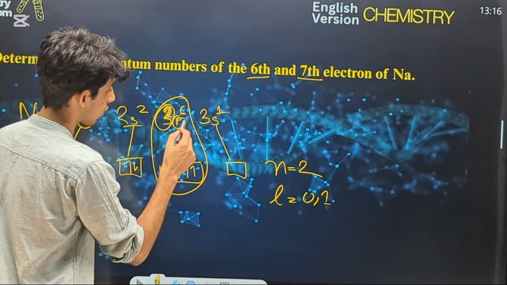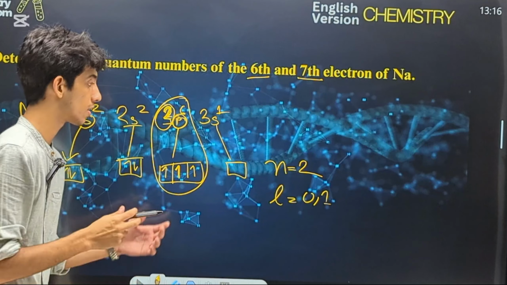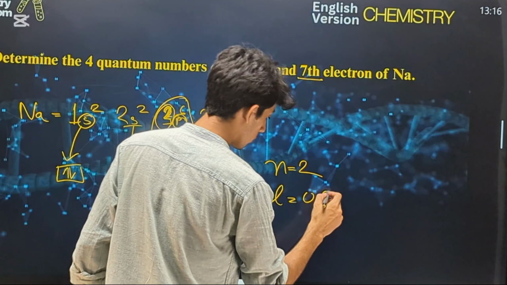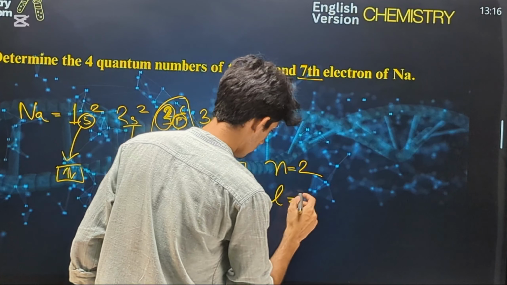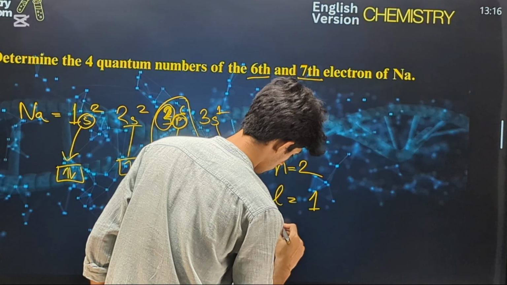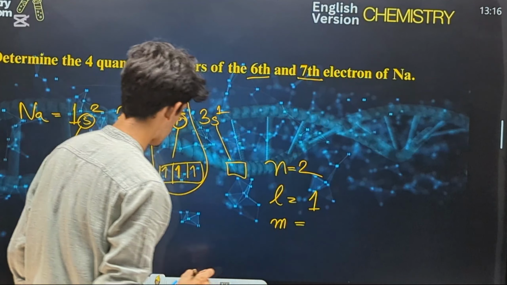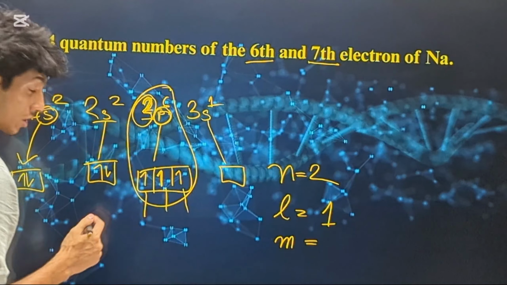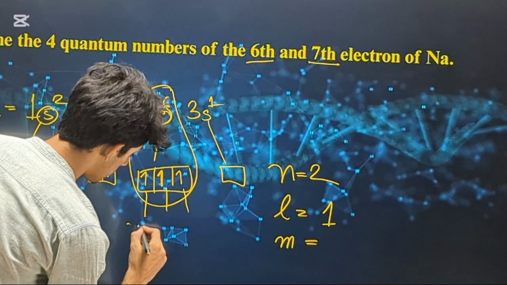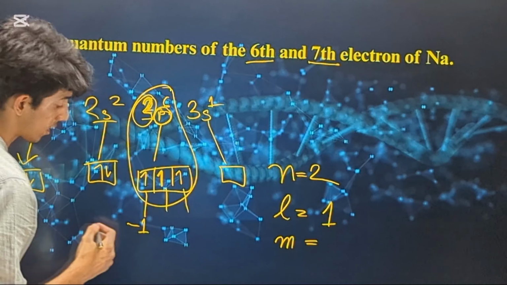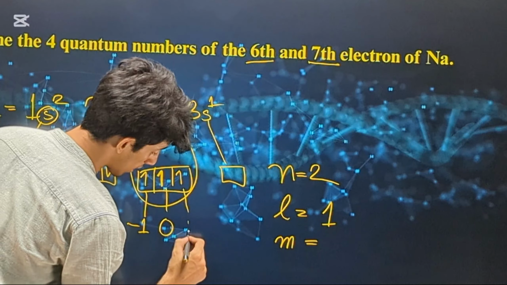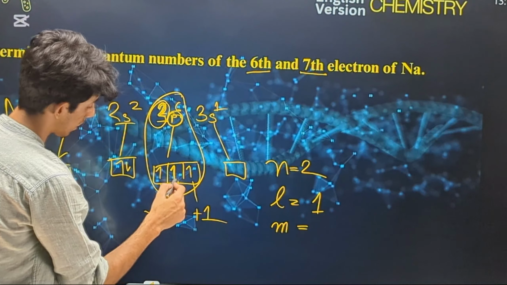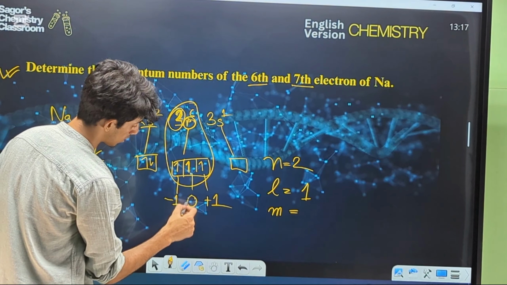But there is only a p, so l is equal to 1. And what will be the value of m? Each of these boxes has its own name: this box is -1, this is 0, and this is +1. So the 6th electron is in the 0 box.